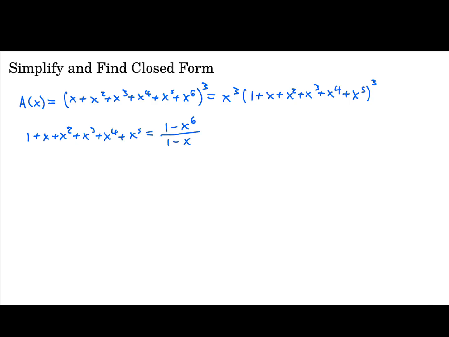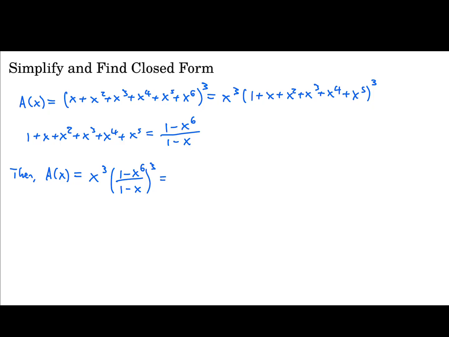We have a video where we talked before about the finite geometric progression, so it's always good to know these techniques. Then A of x is going to be just x cubed times that, times this (1 minus x to the 6 over 1 minus x), all of this to the power of 3.